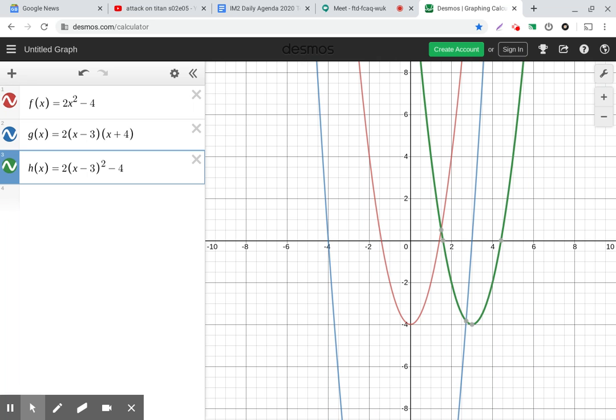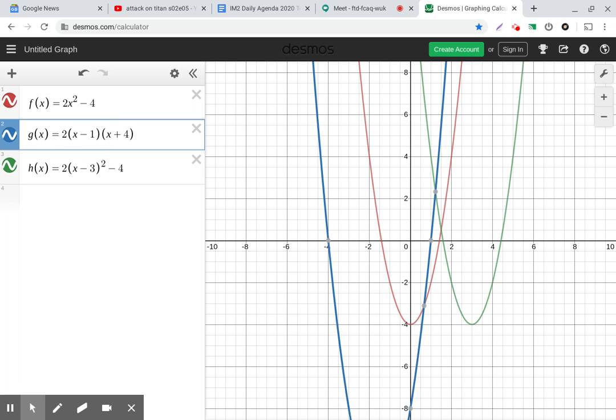All right, which one of these is in vertex form, F, G, or H? Anybody?